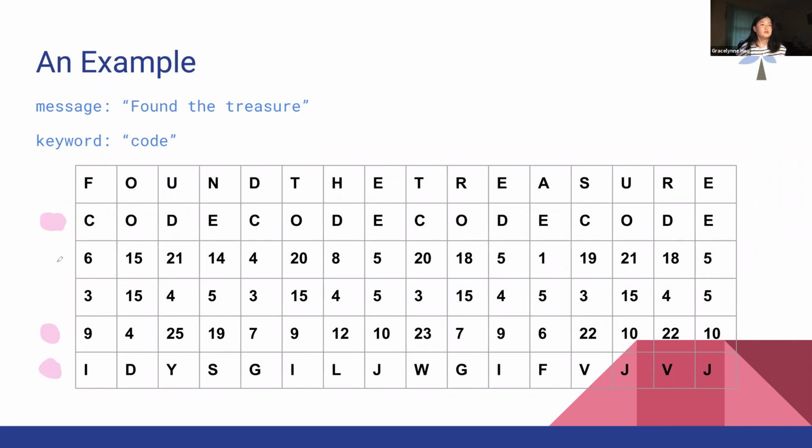So then, knowing that you technically would know all of these pieces of information, you would be able to subtract 9 from 3 to get 6, 4 from 15 to get 15, mod 26, and so on and so forth until you ended up with this row, which you could then pass to these letters.